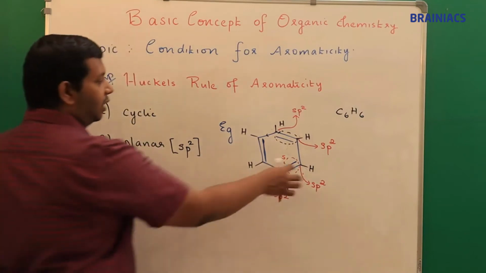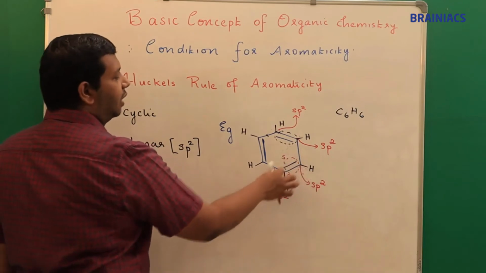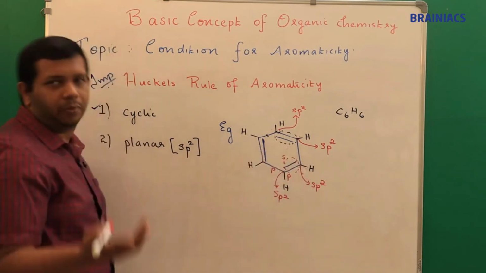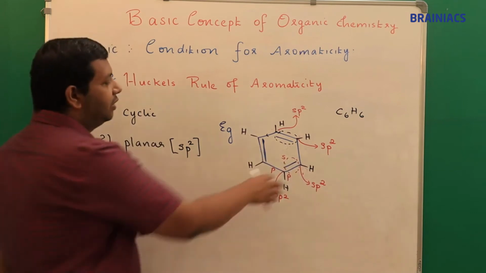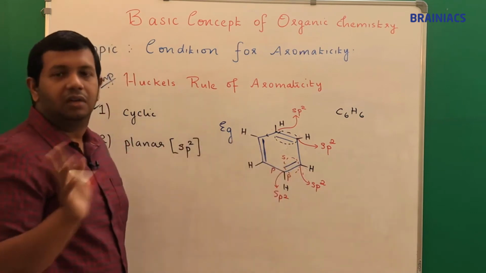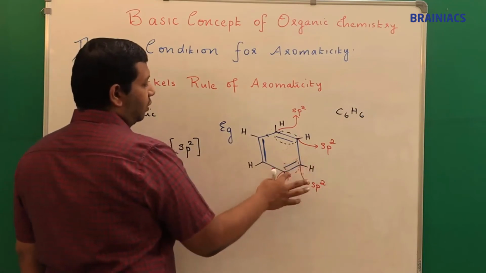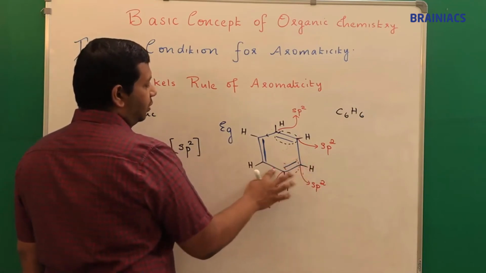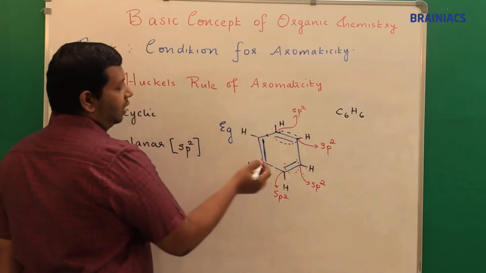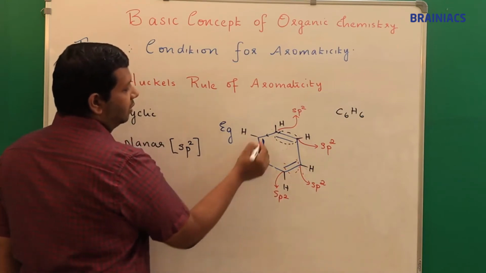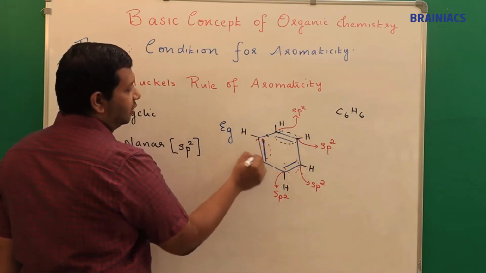Some students still ask a doubt. When you are considering this carbon, you take this as P and now you are taking it as S. That is not a problem, because this is a shortcut to determine the hybridization. It's not an actual rule. Okay, so I have told you that. Now let me go to the next one. Here also a double bond is there, so I will take that together.